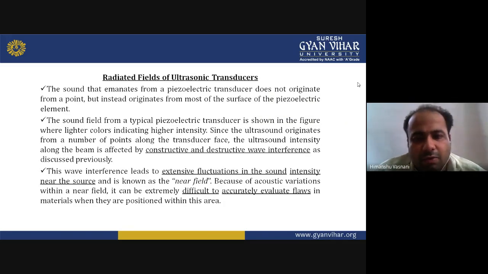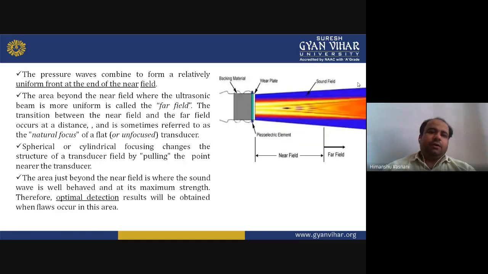Near field has its own difficulty in the detection of flaws, but now we are discussing the far field. The transition between the near field and the far field occurs at a distance sometimes referred to as the natural focus of a flat or unfocused transducer.